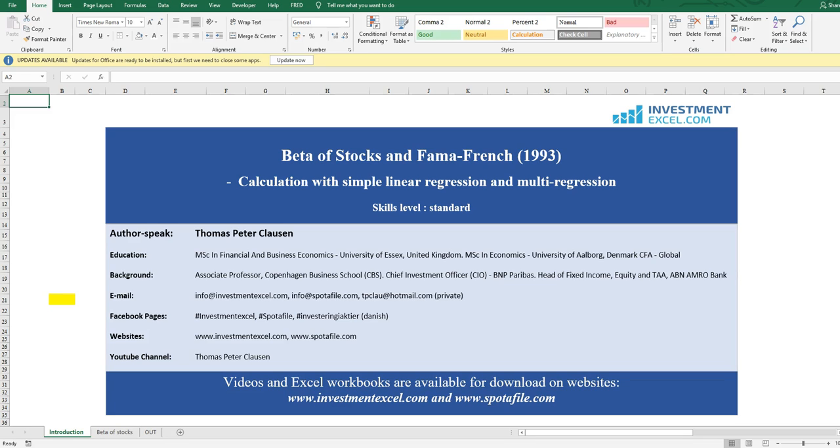Generally, beta is a measure of sensitivity, a measure of an individual asset's sensitivity to a predefined market index, and of course originally in the Sharpe modeling to the so-called market portfolio.